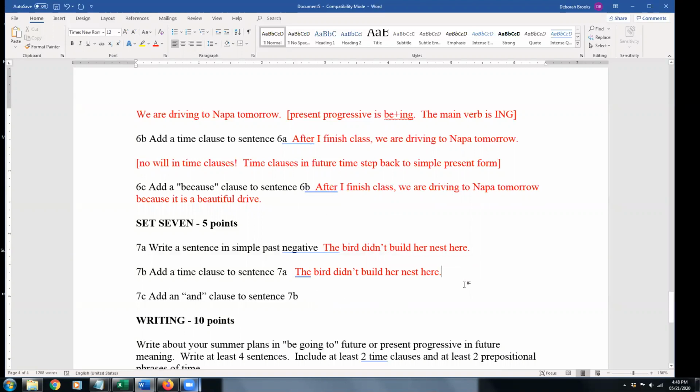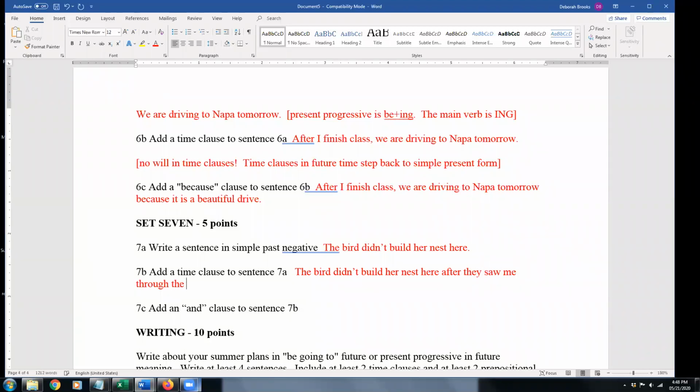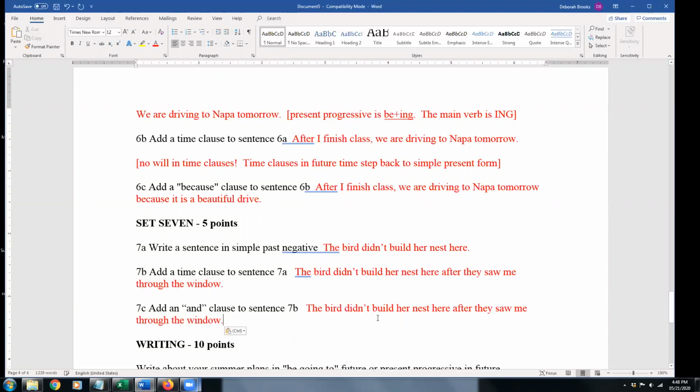Add a time clause. The bird didn't build her nest here after they saw me through the window and they thought it wasn't safe.